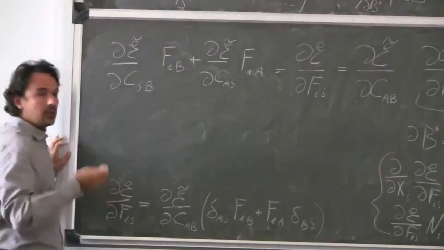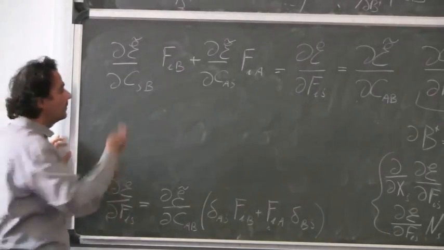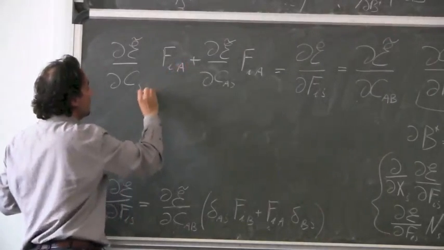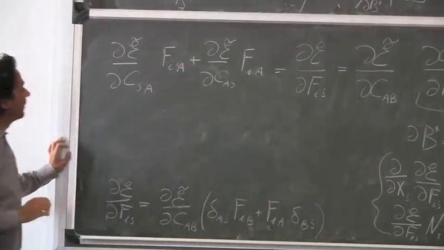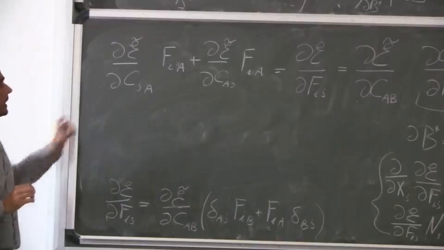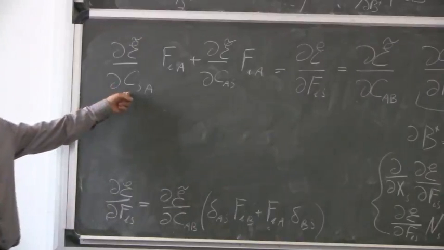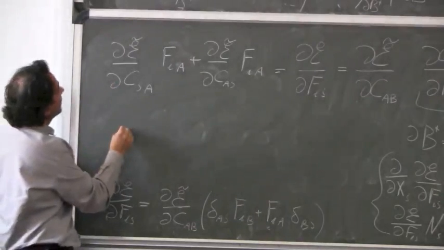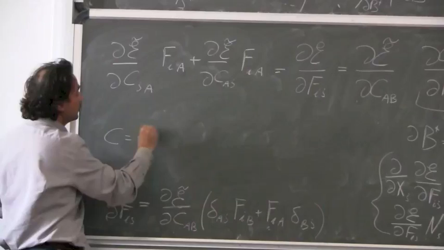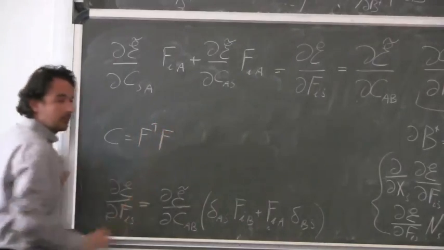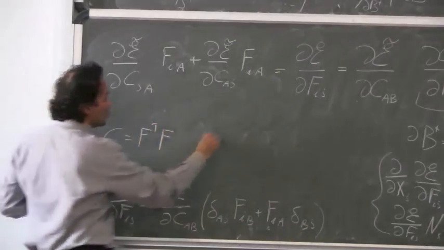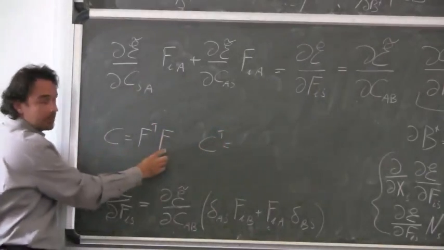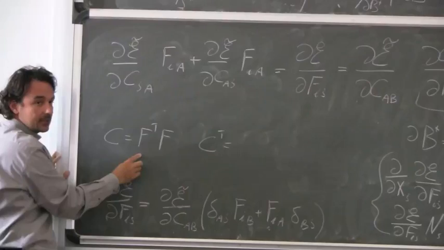It can be called Jerry, it can be called Tom, it can be called A. Let us call it A. Moreover, C is a symmetric tensor, because do you remember that C is equal to F transpose F. So the transpose of C is equal to the transpose of this multiplied by the transpose of this.